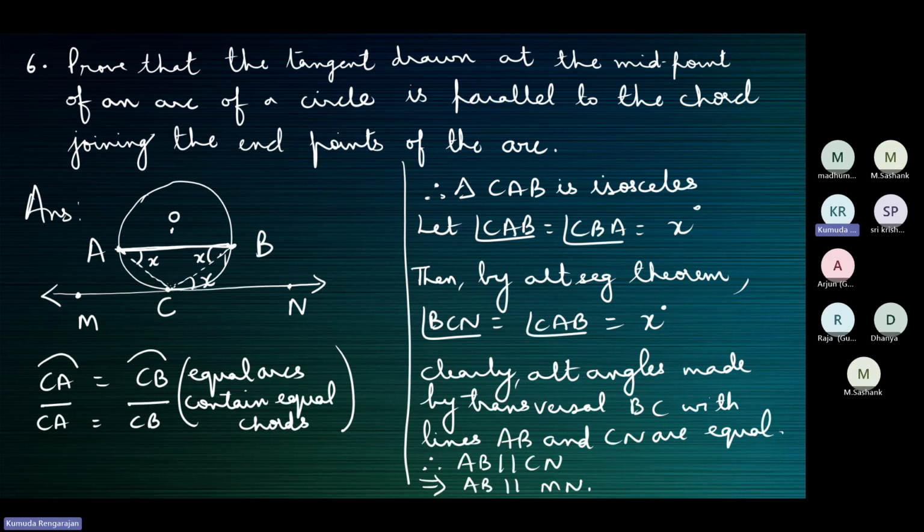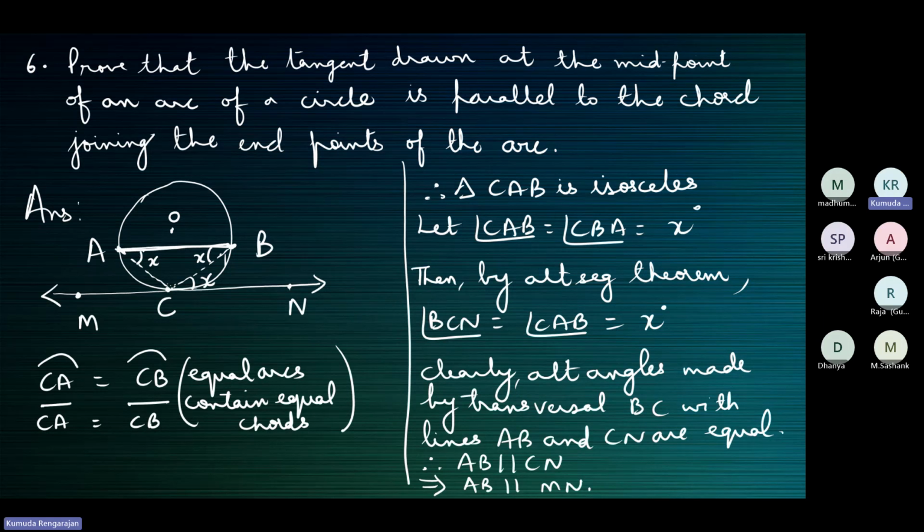So this angle CAB is the angle subtended by the chord BC at the point A in the alternate segment. And that angle is X. So this one is also X, because this is X.